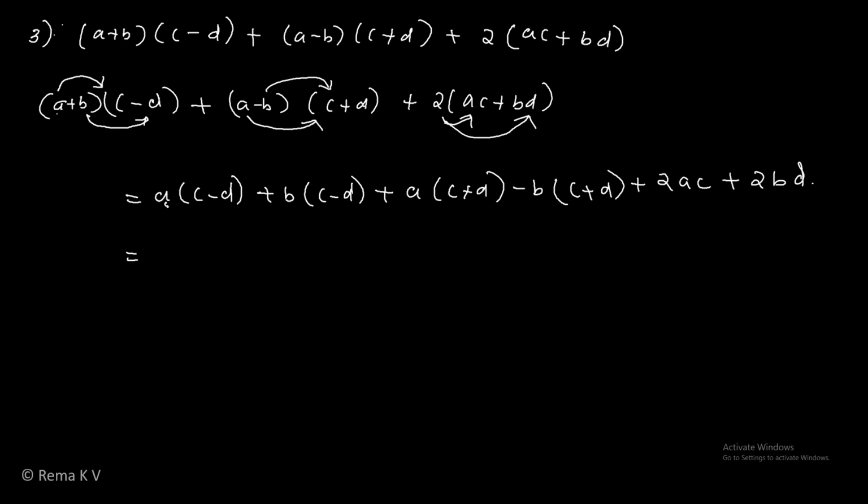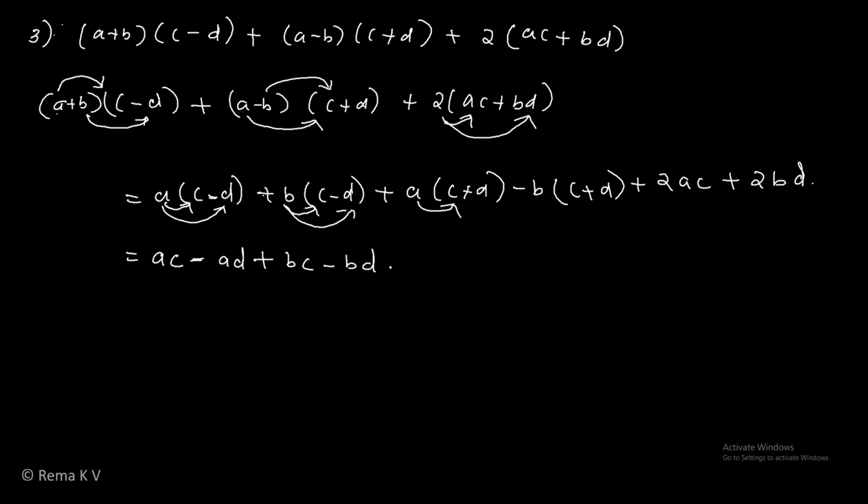Now this one, again multiplying these two, a into c gives ac, minus a into d, it is ad. Then plus b into c gives bc. Plus into minus, here it is minus bd.